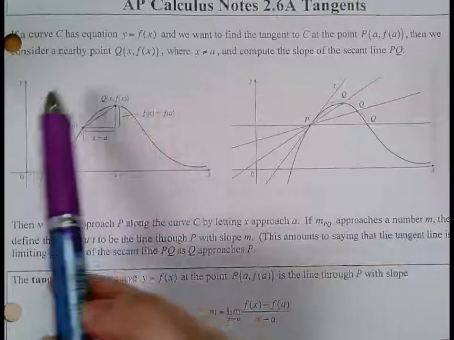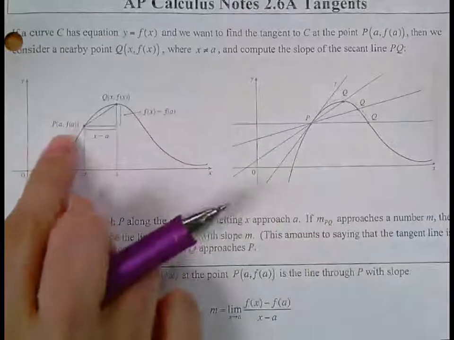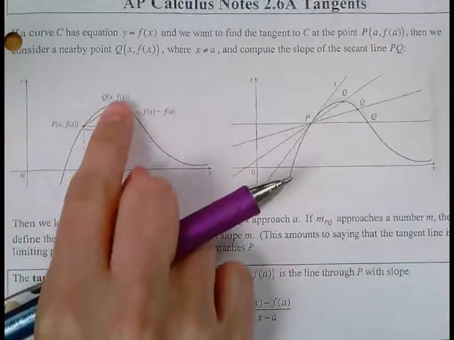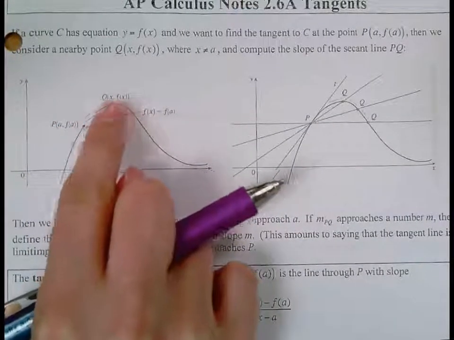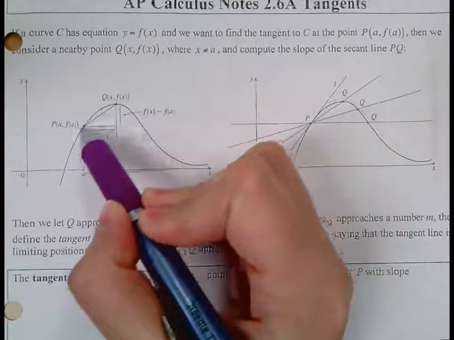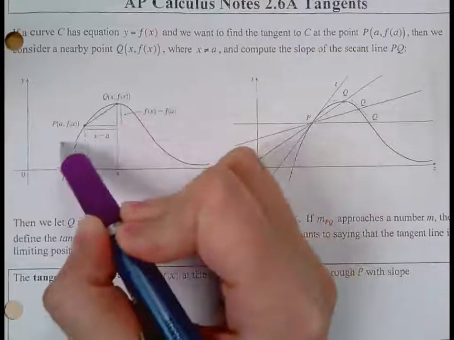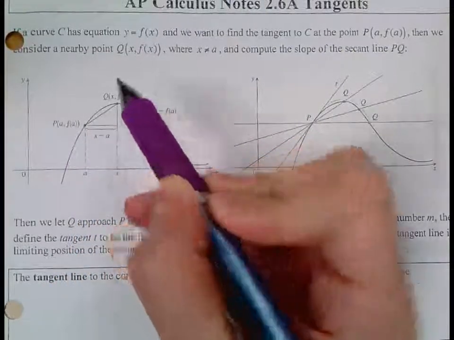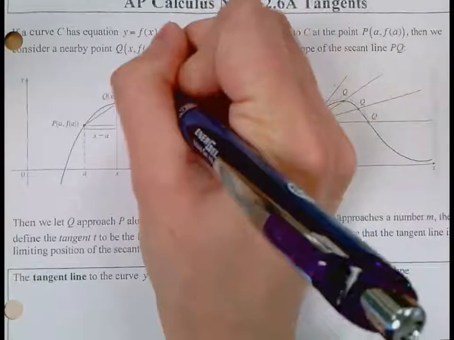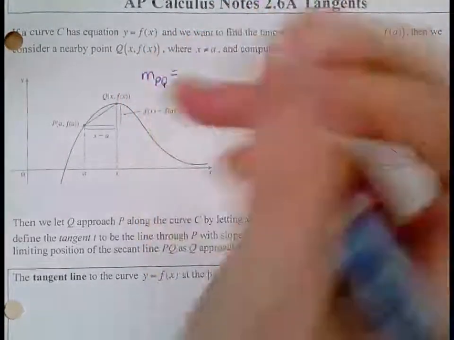So if we look at this diagram here, this is showing here's your point P, shows the coordinates. We're choosing this nearby point Q, and then they only have that segment drawn in, but if that was extended, what we're doing is we're calculating the slope of that secant line. So if we use our slope formula, I'll just put a slope of PQ here.